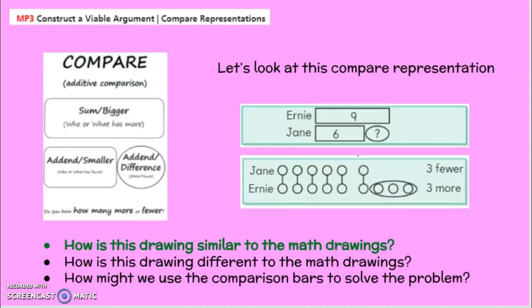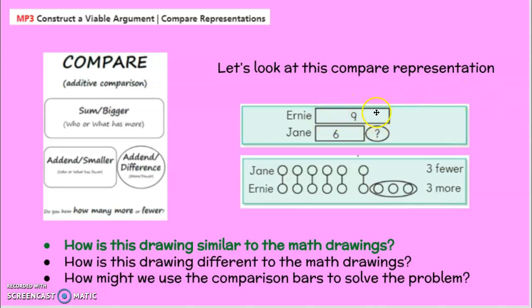So how is this drawing similar to this drawing? Did you notice that it's kind of like a longer part? But in the compare bar, they did that one on top so that it's very similar to a number bond or math mountain where the total is at the top.